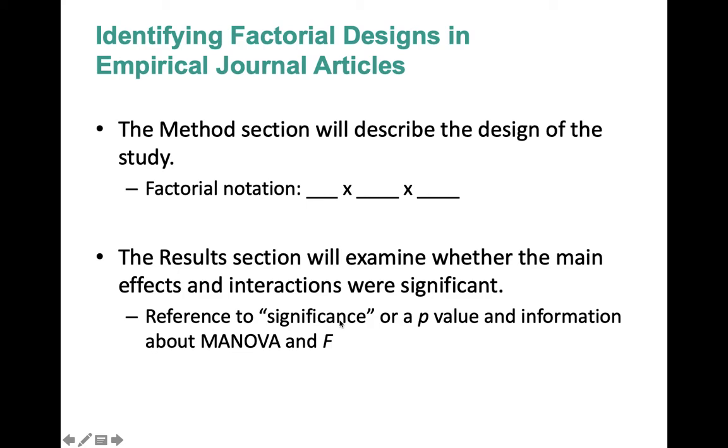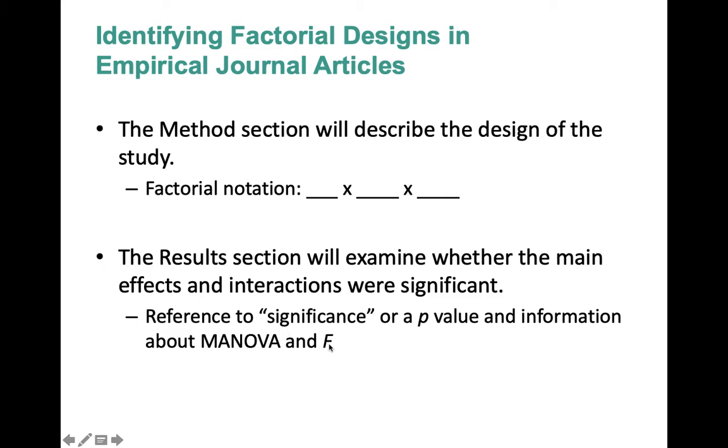So you should look for statements that reference significant. You should look for things that reference a p-value, so that magic p less than 0.05 will tell you the statistical significance of a main effect or an interaction. You should also be looking for an analysis called a MANOVA, which is a multivariate analysis of variance.